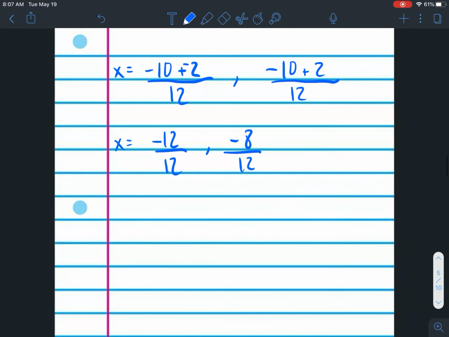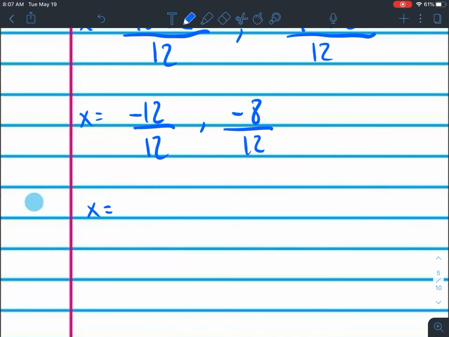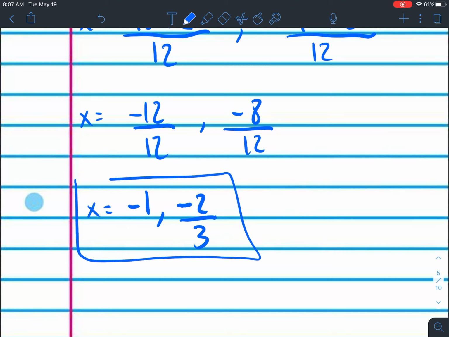Sweet, that came out nicely. So x is equal to negative 12 divided by 12, which is negative 1, and negative 8 over 12: 4 goes into both 8 and 12, so that would be negative 2 over 3. That wasn't that bad.